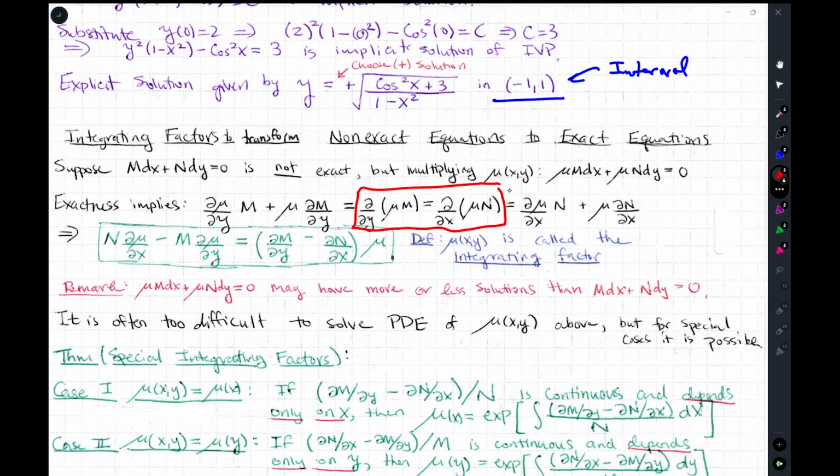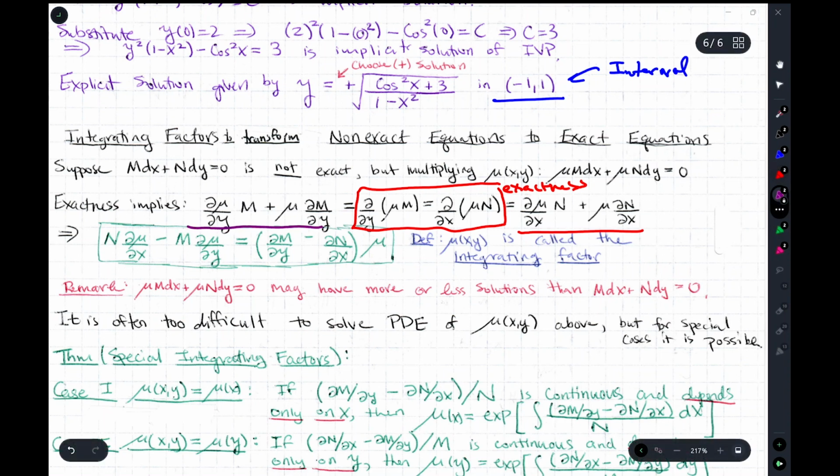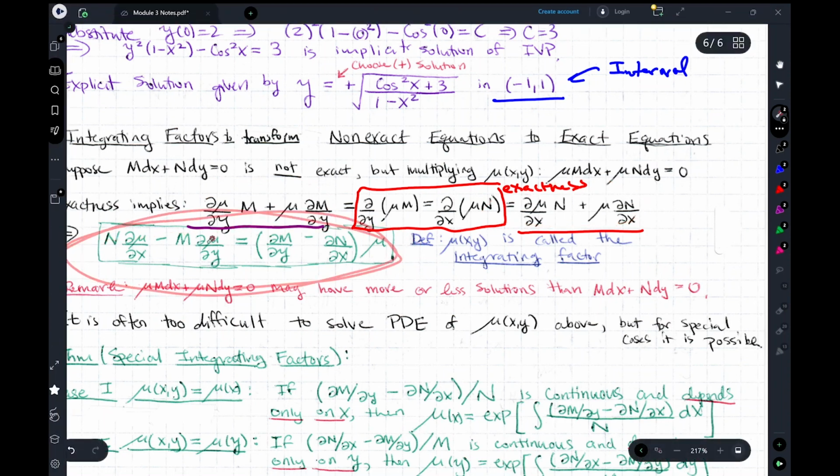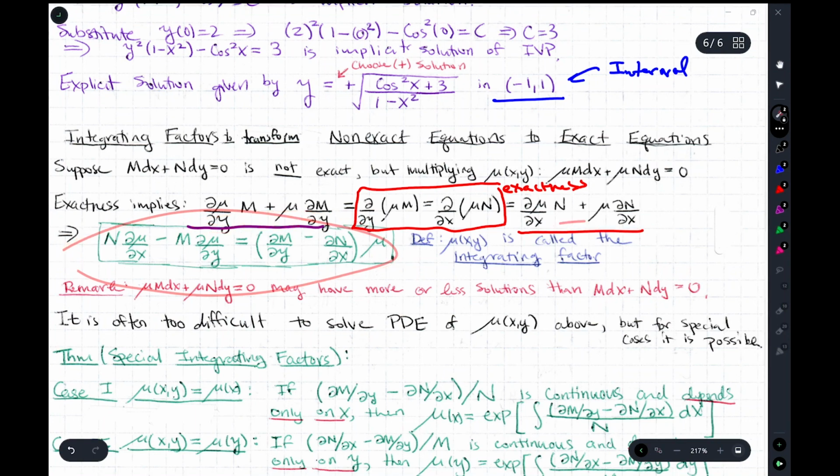This would give exactness if we could get that. The problem is we have that on the right-hand side, and we have this on the left-hand side. So we set the left-hand side equal to the right-hand side, and we end up with this equation here.